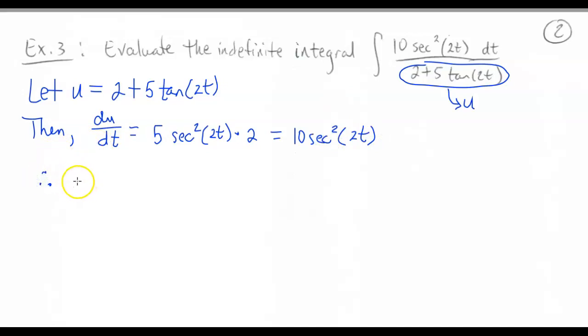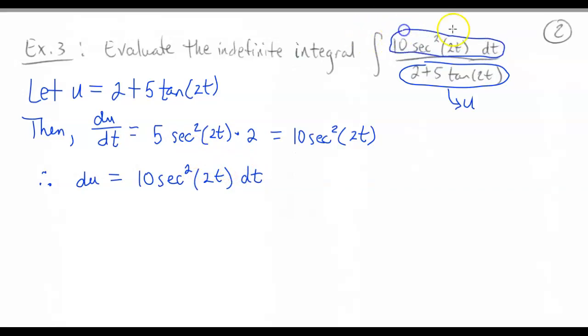Therefore, what we would have here is that du is just equal to 10 secant squared of 2t dt. And of course, that is exactly what we have up here. Okay, so all of that just ends up being du, not dt.